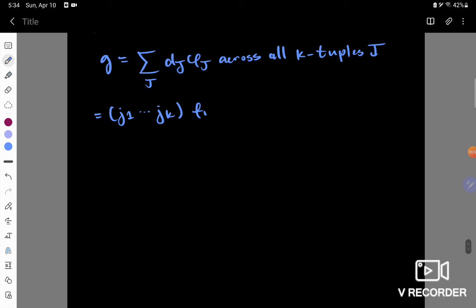K-tuples J from n. So this indexing set.